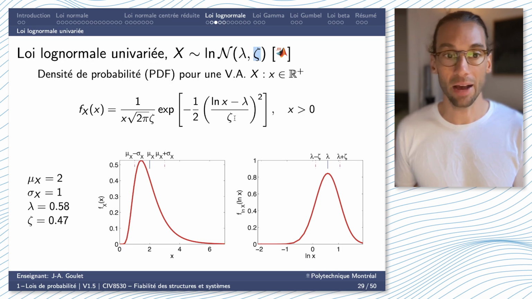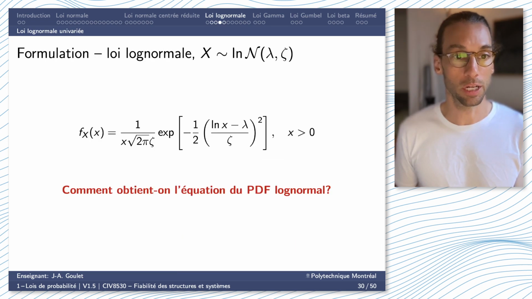So how is this defined? If we define a normal with mean 0.58 and standard deviation 0.47, it looks like this. If I take the exponential of this space, it's going to give me that log normal random variable. We're going to dig a little deeper into this in a moment.